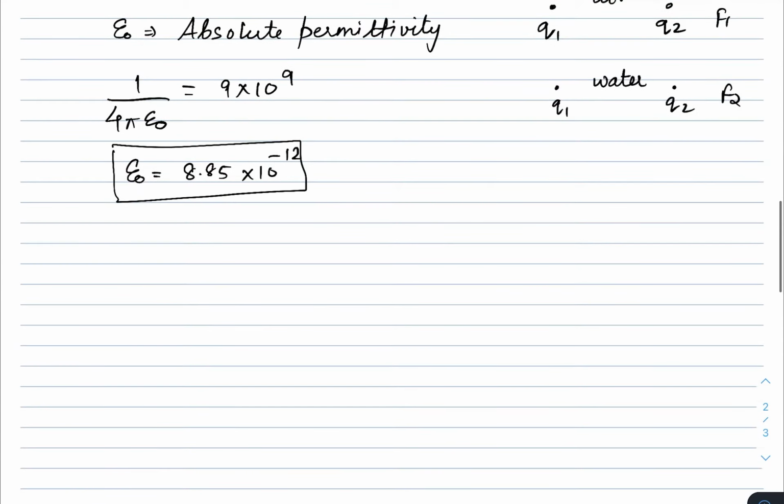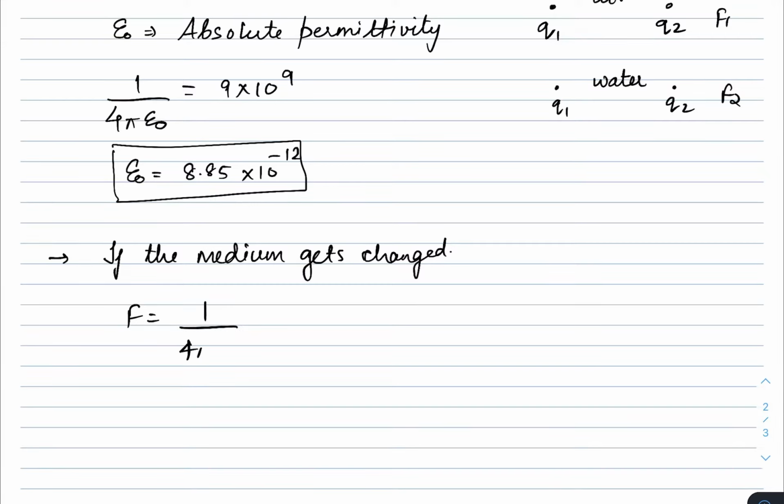But if the medium gets changed, the formula becomes 1 by 4 pi epsilon naught epsilon r times q1 q2 by r square.